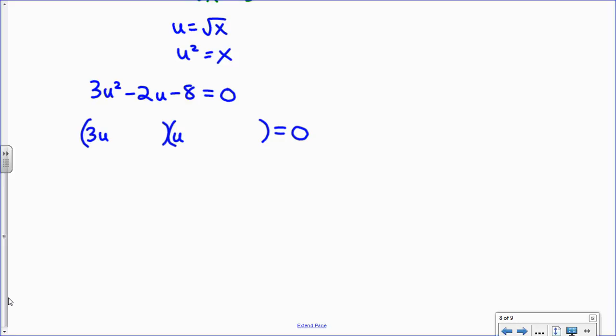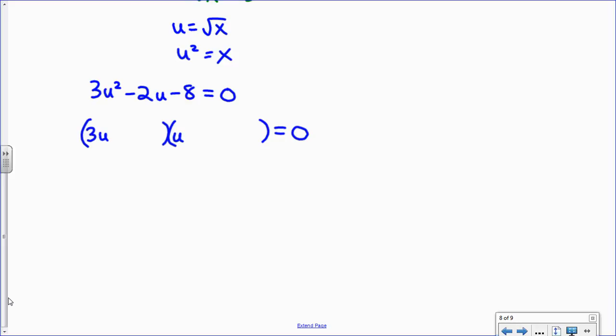So check your outer and inner. I'm going to try 4 and 2 for 8. If I put 4 on the outside, then my outer would be 12, and then my inner would be 2. That's not going to get me to 2. So if I switch that and put 2 on the outside, my outer would be 6, and the inner would be 4.